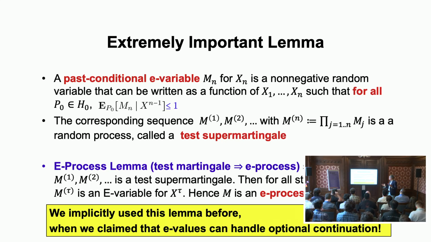For us, we will only look at things which were historically called supermartingales. So all the e-processes we're going to look at are of the form where you have an e-variable for the ith outcome given the past, for every i, you multiply them, and then you get your e-process. Which we already did right in the beginning when we did optional continuation.